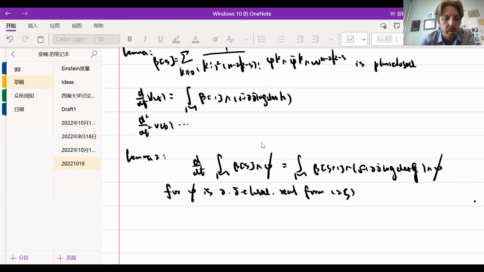Maybe I just make one more comment. I think this fact that the Bismuth 2,0 is the Chern Laplacian of beta should be true in every dimension. This is essentially computed in my paper with Josh, where we prove this Calabi style estimate for the Chern connection of the generalized metric.